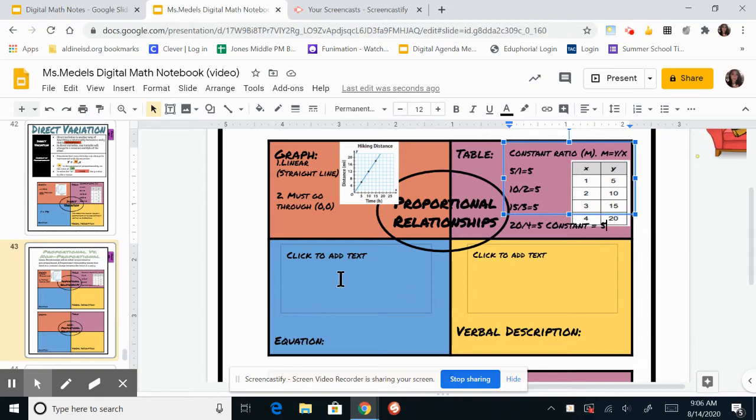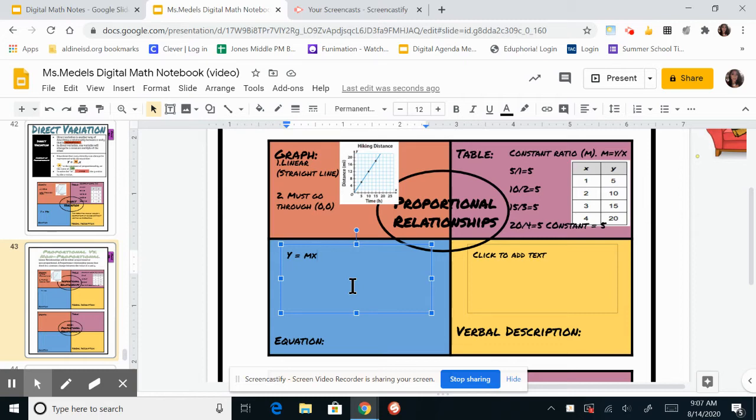Now, if I were to have an equation, the way that I can tell that an equation is a proportional relationship is that my equation is going to say y is equal to mx. Okay, y is equal to mx. Notice there's no adding, there's no subtracting, and the reason there's no adding or subtracting is because I am starting at 0, 0.